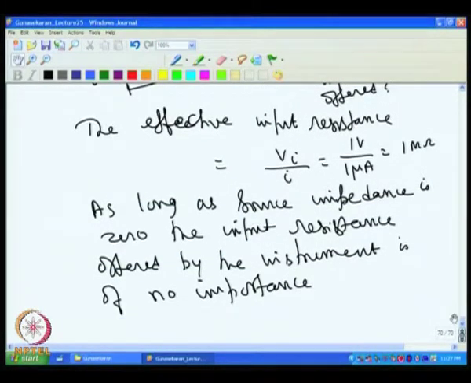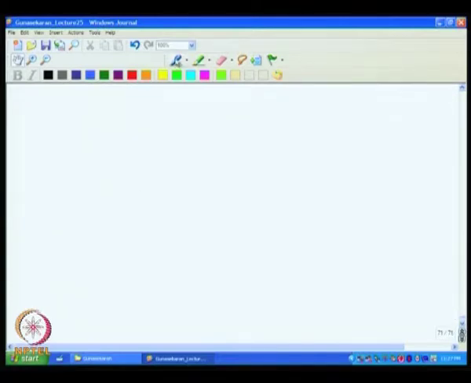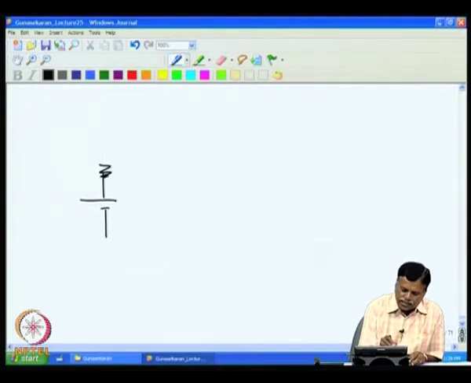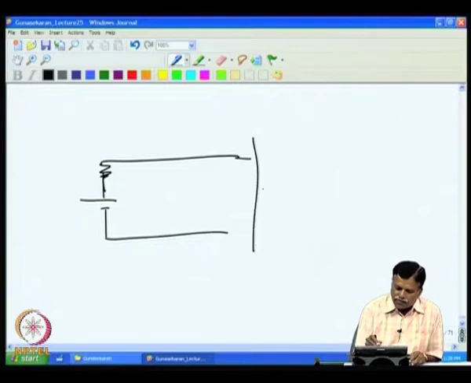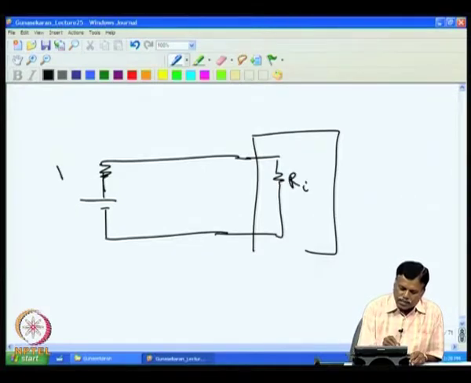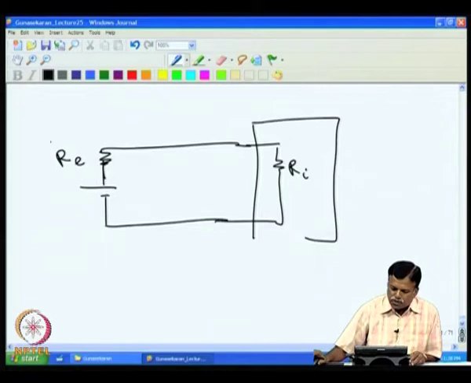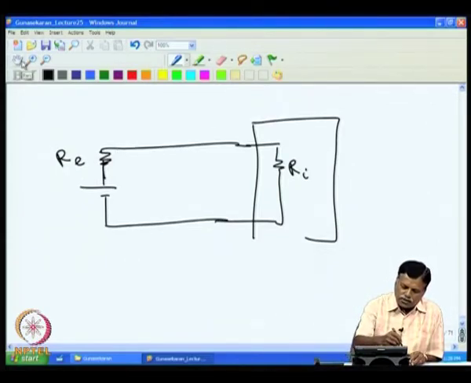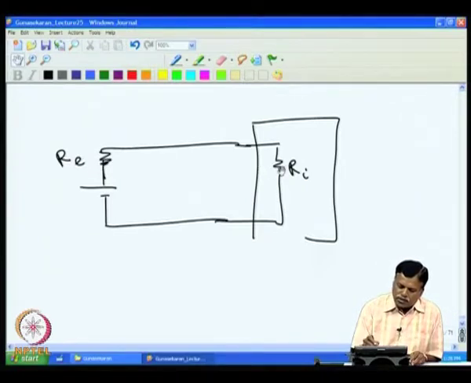Now, the problem comes only when the source resistance is high. For example, if I have a source which has its own internal resistance Re, and an instrument with input resistance Ri is connected to it, then because of Ri there will be a current in the circuit, and that will drop a voltage across Re. If the input resistance offered by the instrument is lower, more current flows, and more voltage drop occurs across Re.